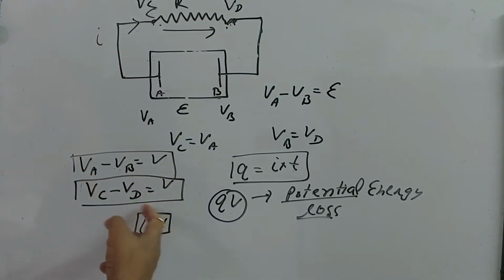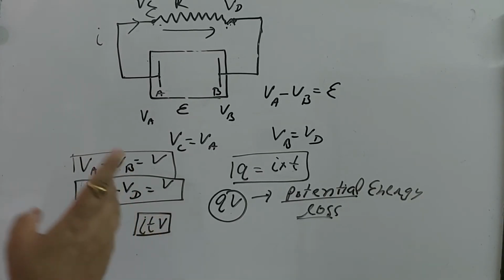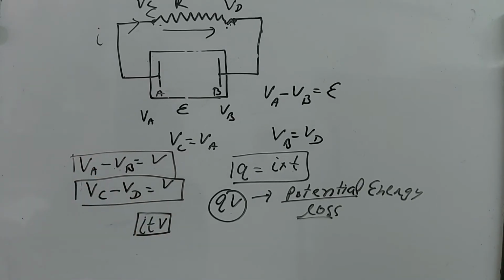So this will be equal to the heat produced. So the total heat produced in the resistor will be equal to I into T into V in time T.